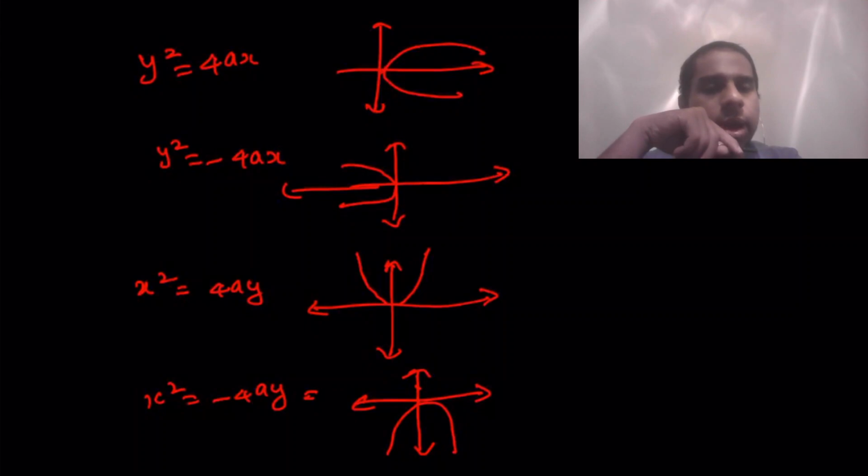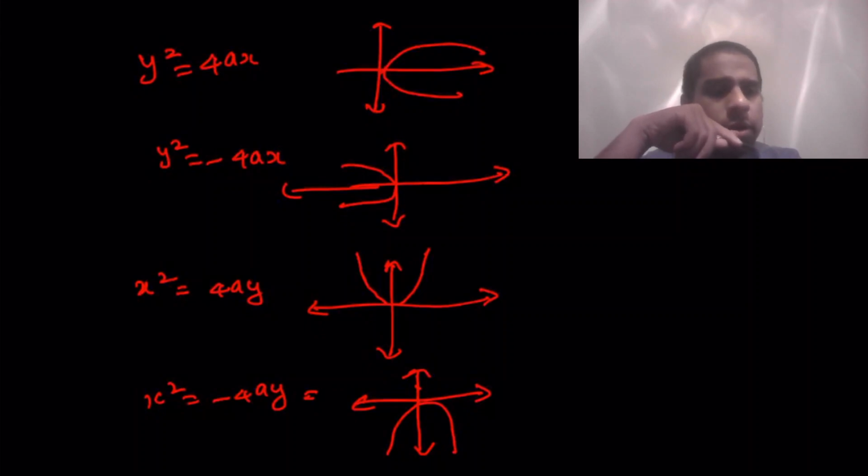So the parabola can take either of these four forms, or it can take a general form, like how we had a general form for circle, x square plus y square plus 2gx plus 2fy plus c equal to 0.